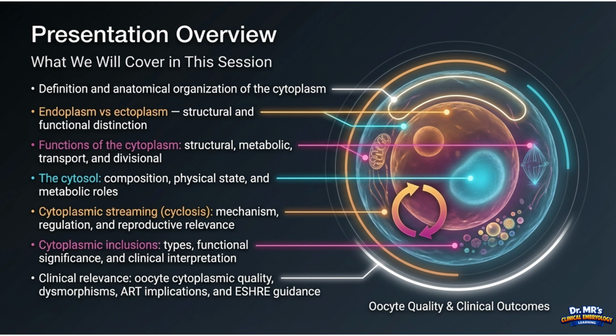We begin with the anatomy, what precisely the cytoplasm is, how it is defined, and how it is spatially organized within the cell. From there we distinguish between 2 zones within the cytoplasm, the endoplasm and the ectoplasm, which have distinct compositions and distinct functional roles that become particularly important when we are thinking about oocyte cortical events and polar body extrusion.